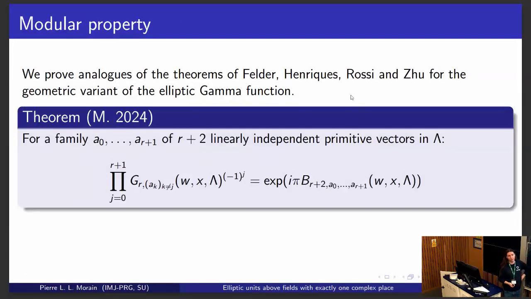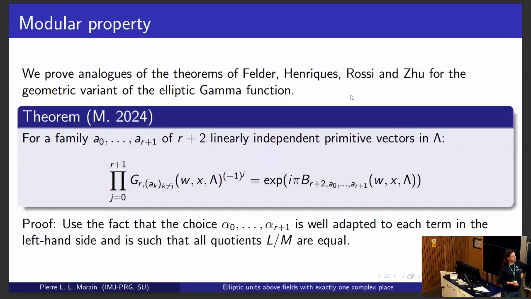Okay. This is not very hard to prove. The only thing you have to prove is that all these functions are defined as a finite product of GR functions, and you just have to say that the finite product is taken over the same set. And then once you do that, you can use the ordinary modular property for the GR functions.